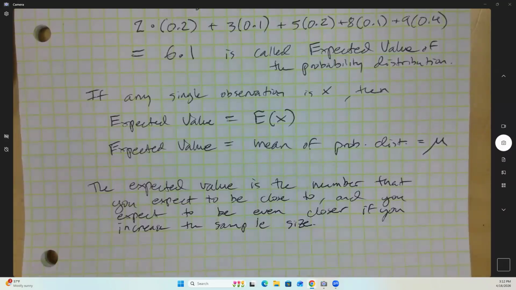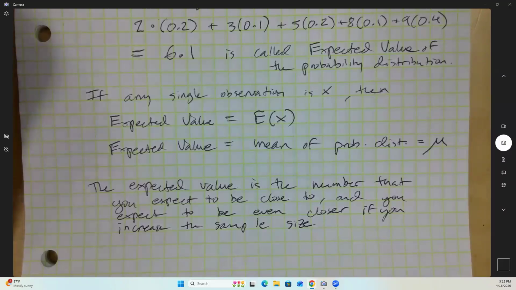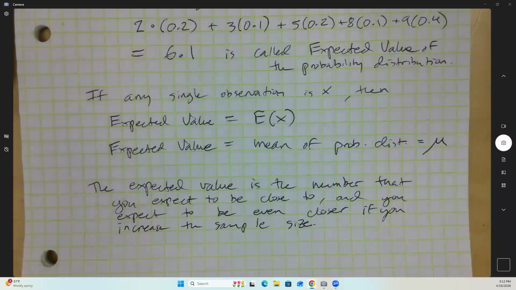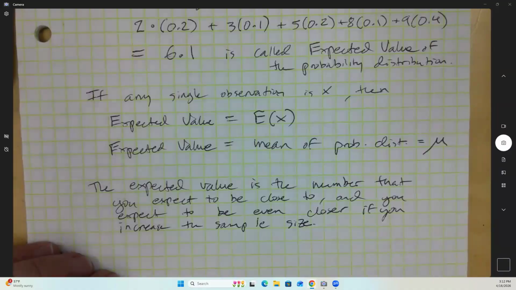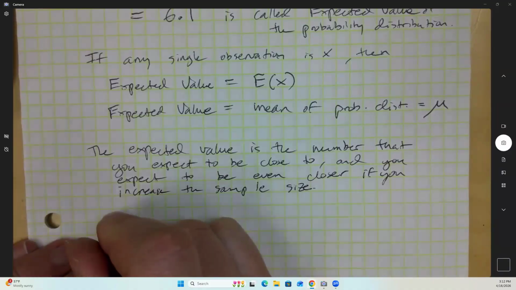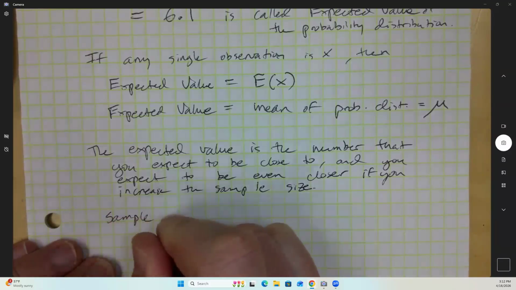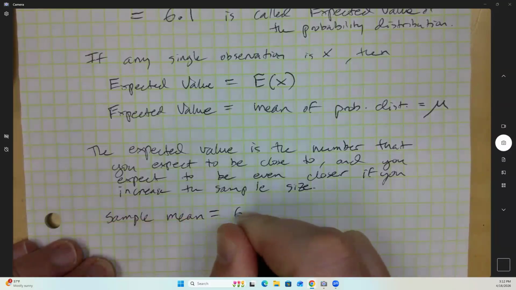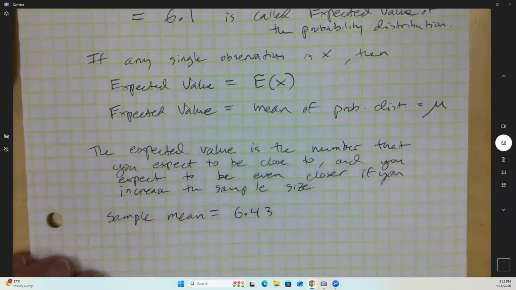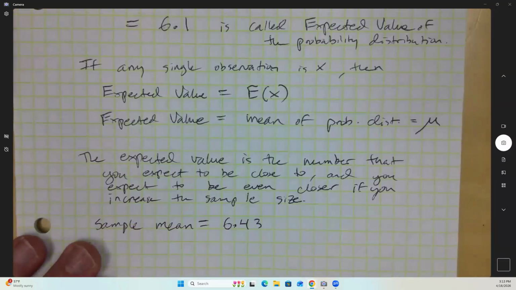Let's test that. I've got the data here. 9 plus 9 plus 9 plus 3 plus 9. All right. So the data we collected, our sample average, our sample mean was 6.43, which is pretty close to 6.1.